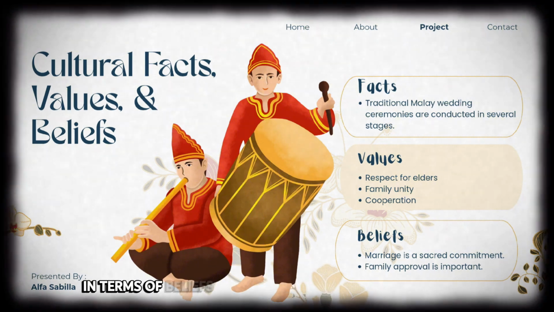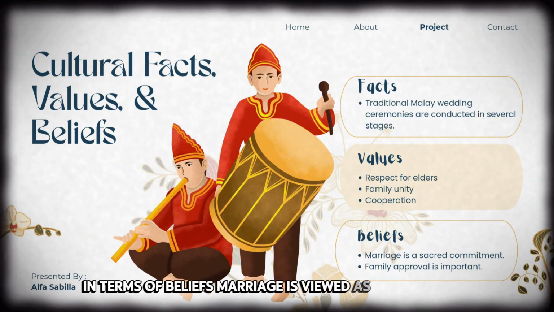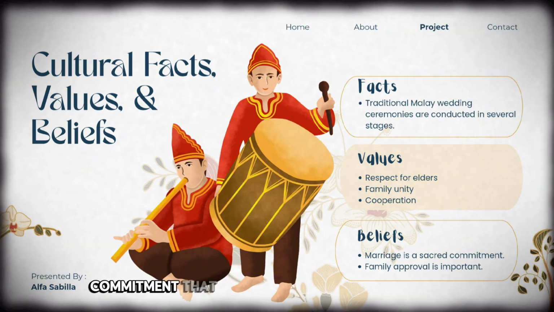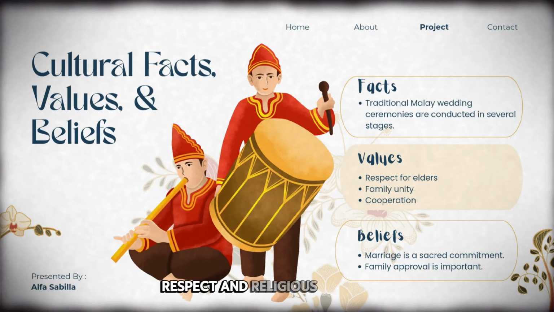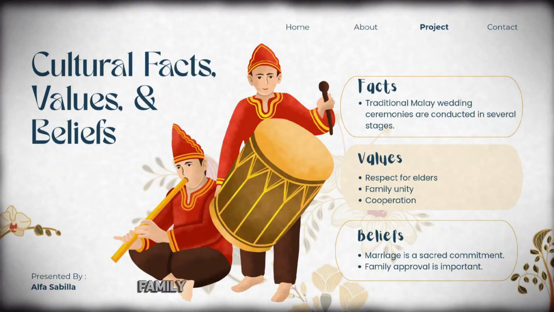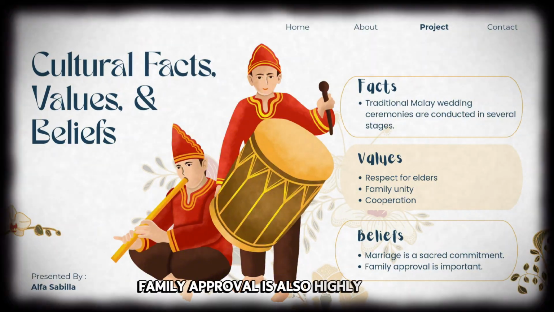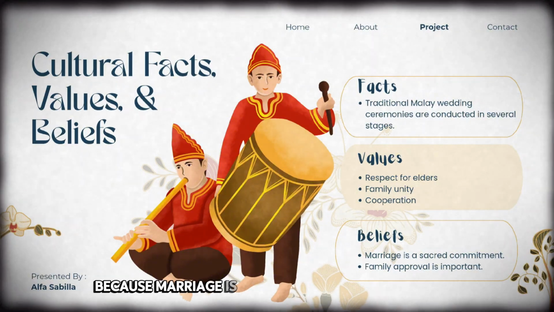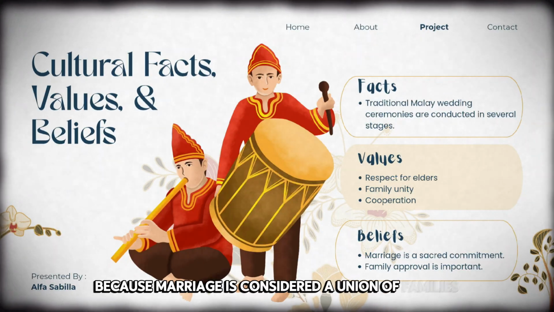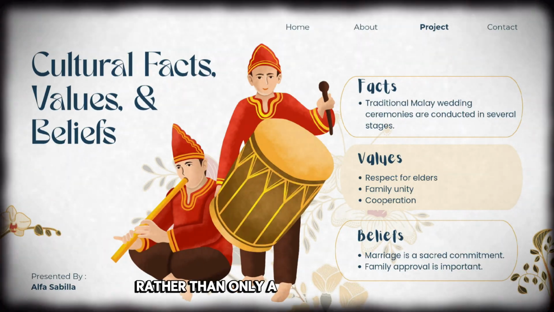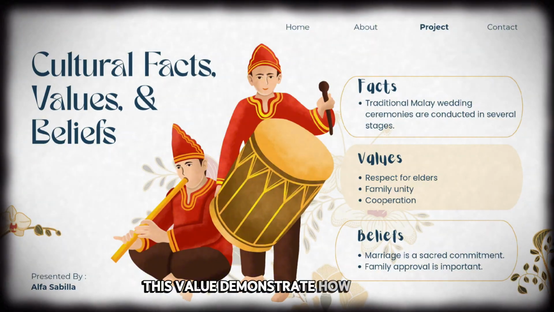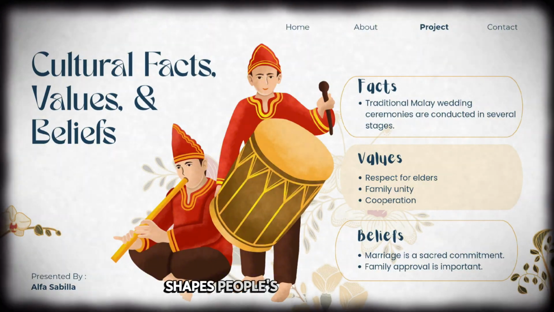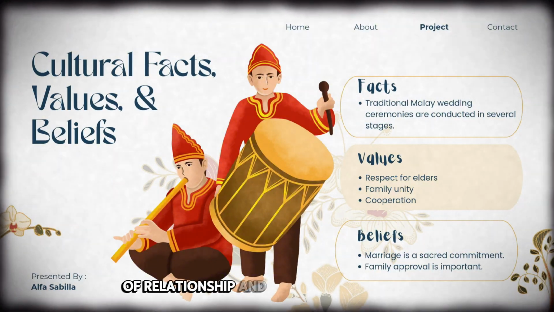In terms of beliefs, marriage is viewed as a sacred commitment that should be based on responsibility, respect, and religious principles. Family approval is also highly valued because marriage is considered a union of families rather than only a personal decision. This value demonstrates how culture shapes people's understanding of relationships and social responsibilities.